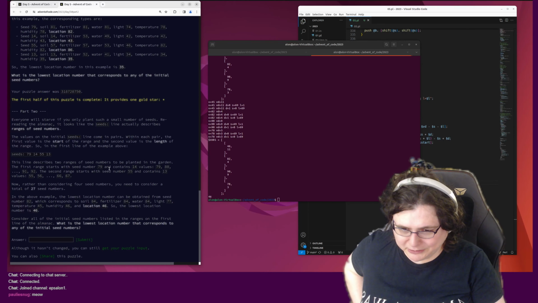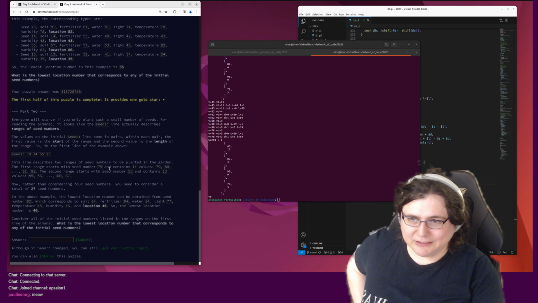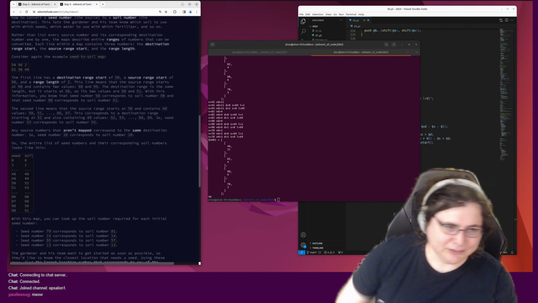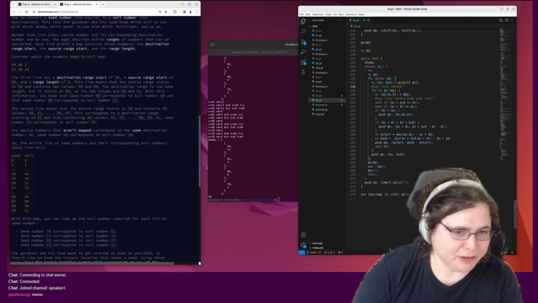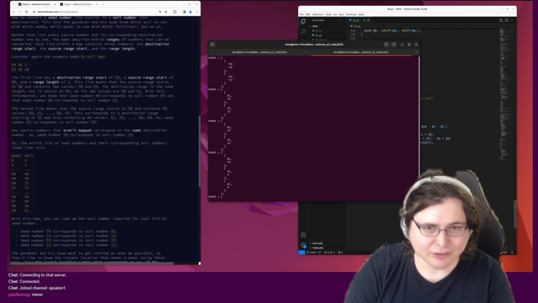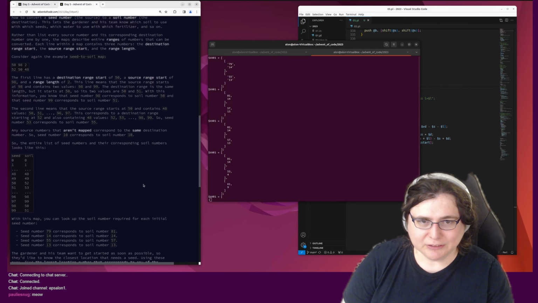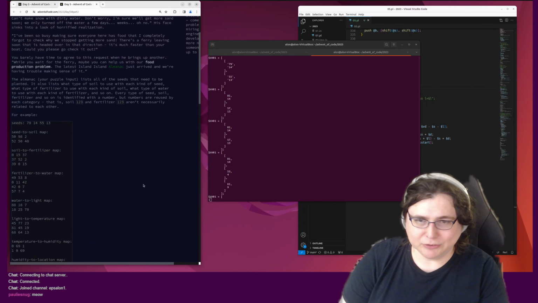So the lowest location number is 46. Okay. And let's see how, okay, I don't need some of these debug prints. Let's remove this one and remove this one and just look at the steps of the conversion. Step 1 is the raw input. Cool.